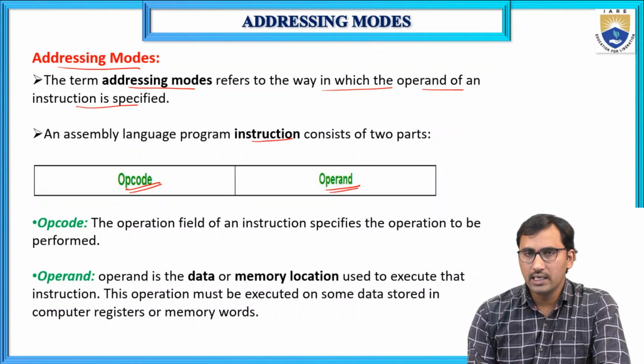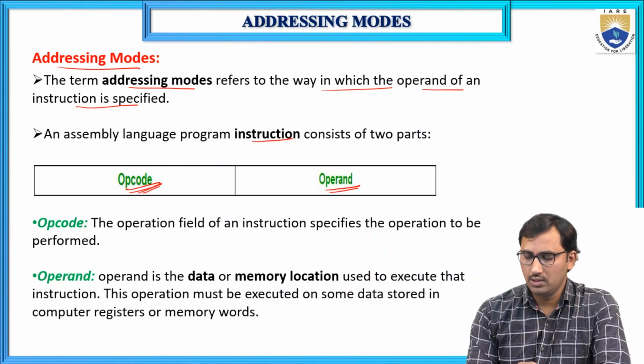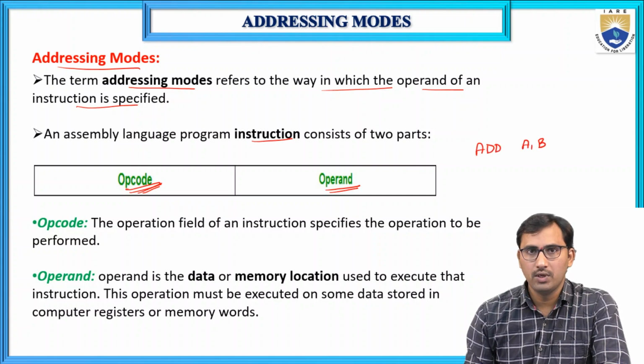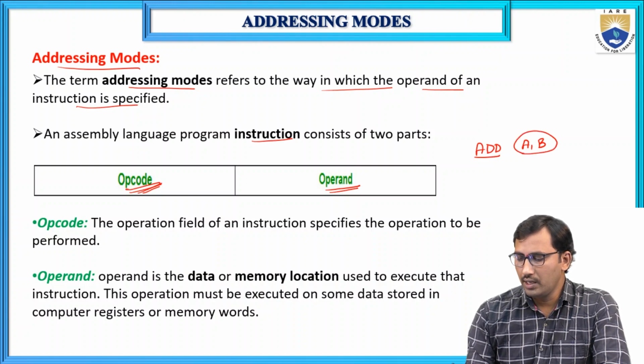And the operand is nothing but the data on which we are performing that particular operation. For example, add A comma B. Add is the opcode and A comma B are the operands. That means we are performing the add operation on the operands stored in register B and register A.